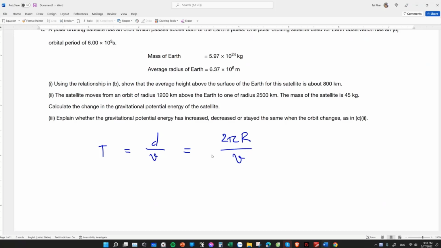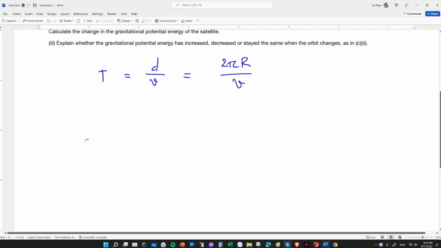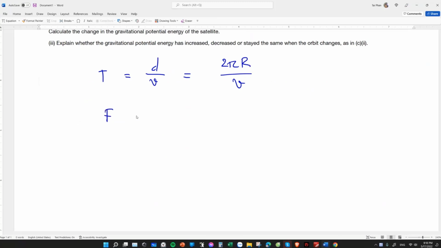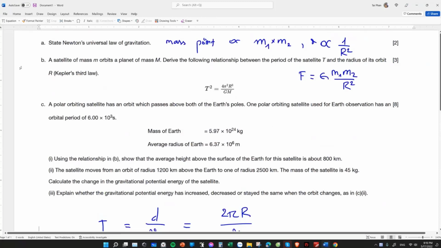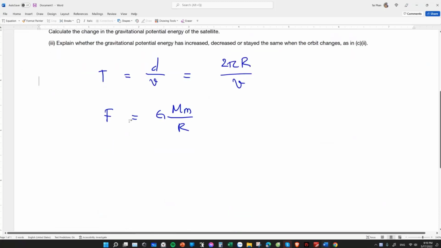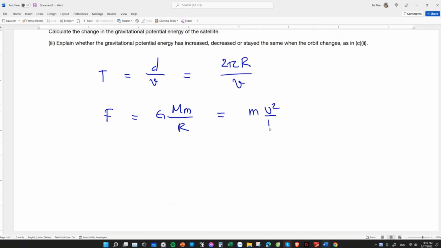So the next thing we need to find is the speed, and we will find that by using the gravitational force, F equals G M m over r squared, with M the mass of the planet, m the mass of the satellite, and r the distance from the satellite to the planet center, equal to the centrifugal force m v squared over r.